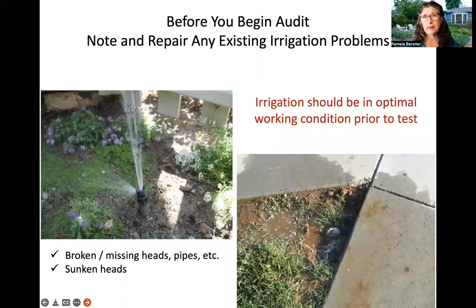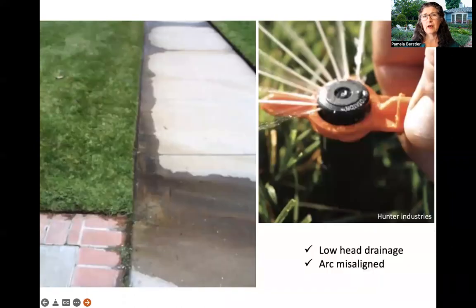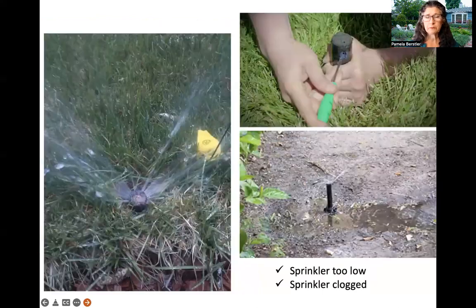Before you begin the audit, you want to make sure that the irrigation system is working as well as it can. It may be that down the road you're going to recommend some changes, but you do want to make sure that what you have is working as efficiently as possible. So if you have broken heads, you want to fix them. If they're pointing towards the car, you want to make sure they point back towards the lawn.